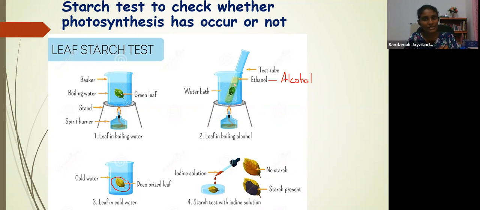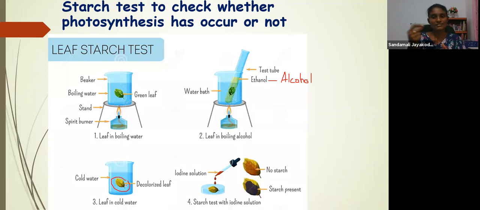In this way, we can see that the ethanol sample is getting green in color because all the green pigments in the plant leaf have come out. That's why the leaf becomes decolorized. All the chlorophyll pigment has come out because chlorophyll is dissolving in ethanol. The leaf doesn't have chlorophyll.